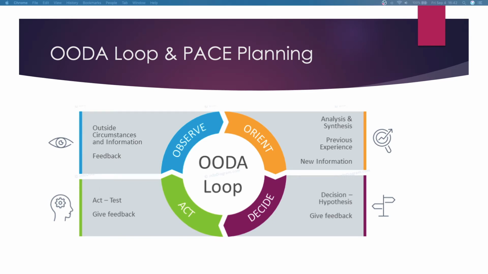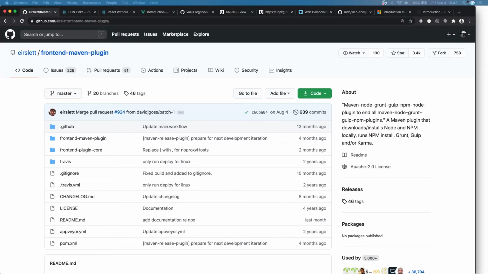Anyways, you could try using something like front-end Maven plugin, which will encapsulate and install Node.js, NPM, and other JavaScript build and bundling tools as a Maven dependency, and then your front-end dev teams can go to town.